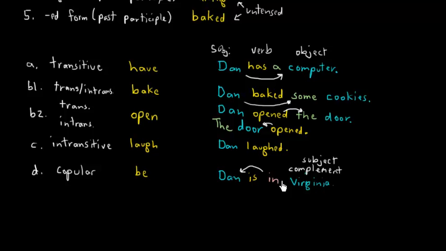So again, this is giving us more information about Dan. This is helping complete our picture of Dan. You know, he's not in Zimbabwe. He's not in Cambodia. He's in Virginia.